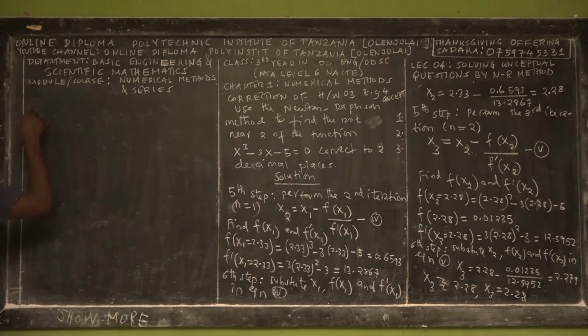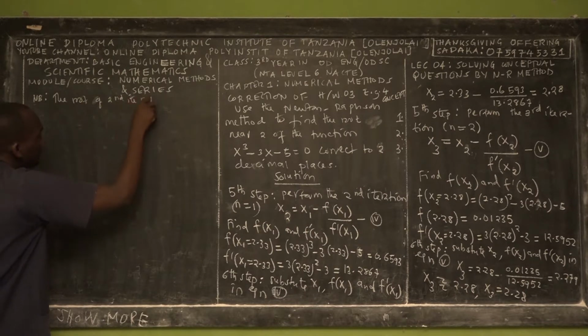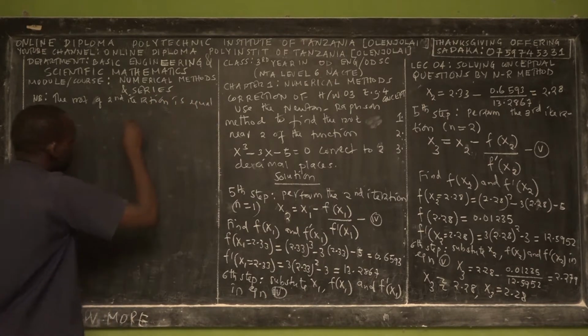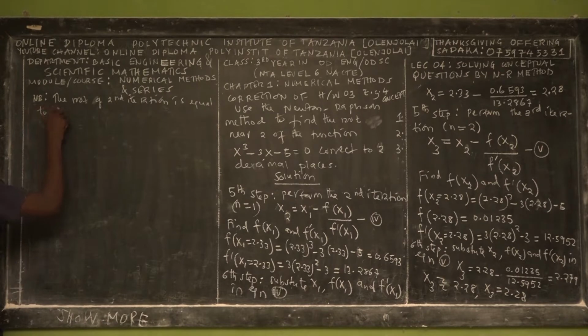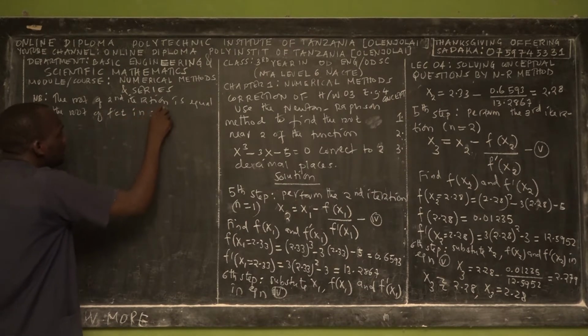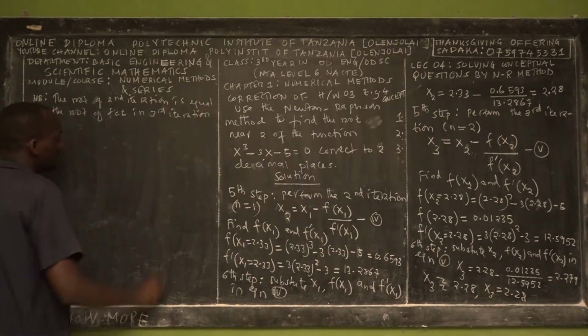So we say that, you have to note, the root of the second iteration is equal to the root of the given function in the third iteration.